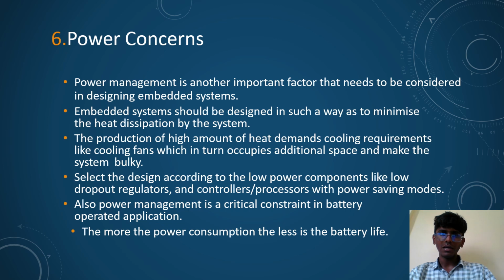No one needs to buy bulky systems, as bulky systems will have a higher price. So select the design according to low power consumption, like low dropout regulators and controllers with power saving modes.